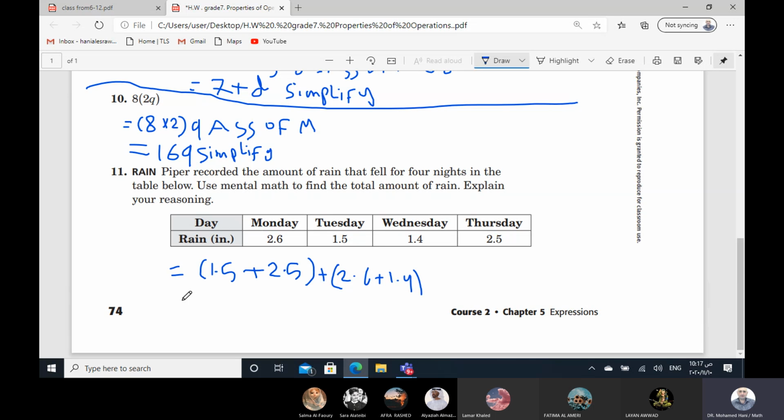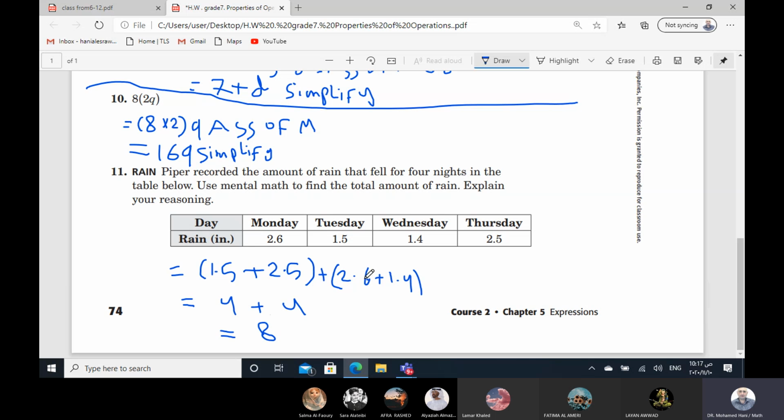Now 1.5 plus 2.5 will be 4, and 2.6 plus 1.4 also will be 4. 4 plus 4 will be 8. Okay?